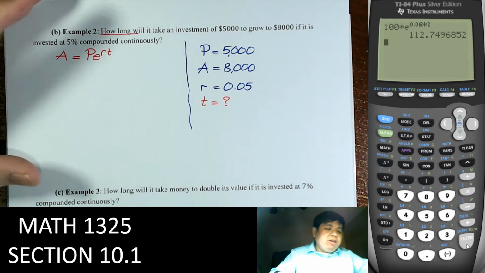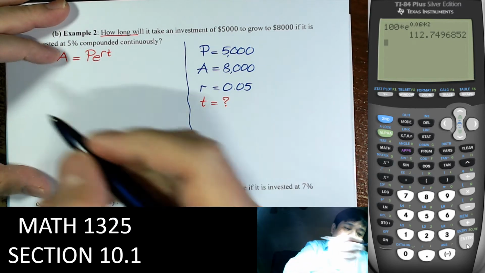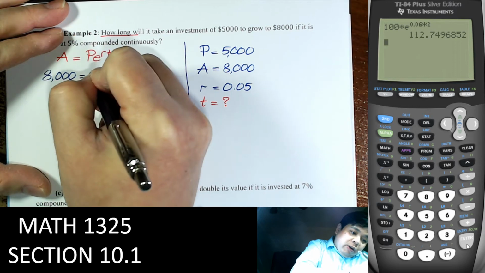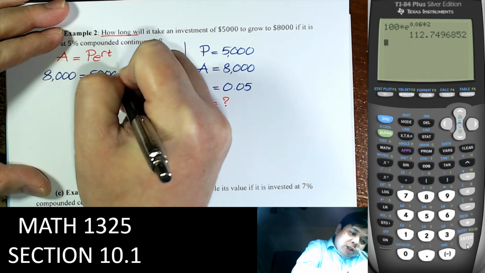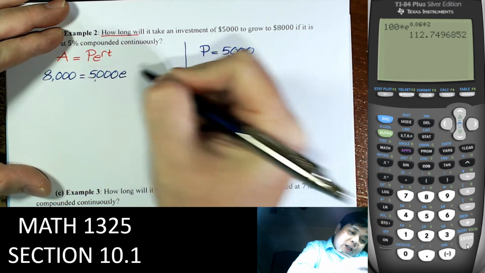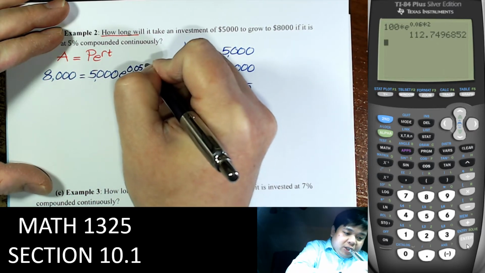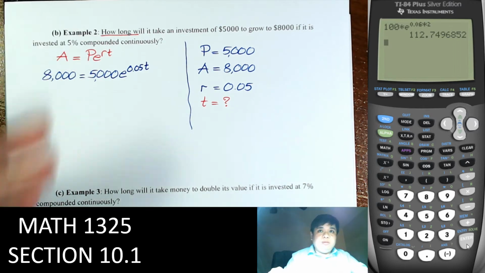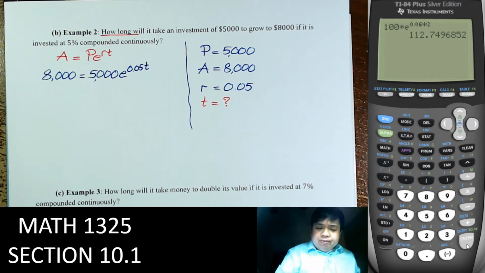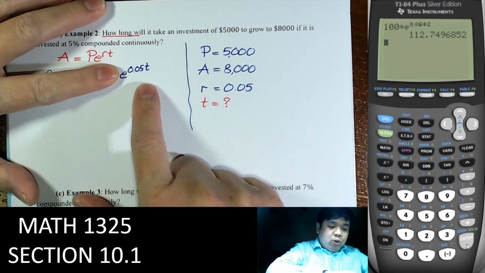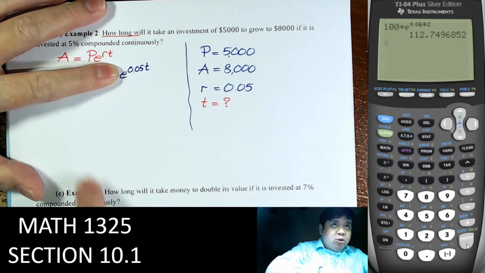Right. We put everything we know in the formula. We have 8,000 equals 5,000 times e to the rate 0.05 times t. We don't know t, but that's fine, we solve for it. In order to solve for it, we should get the exponential term by itself.